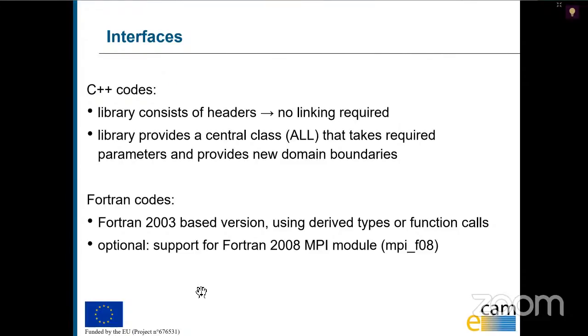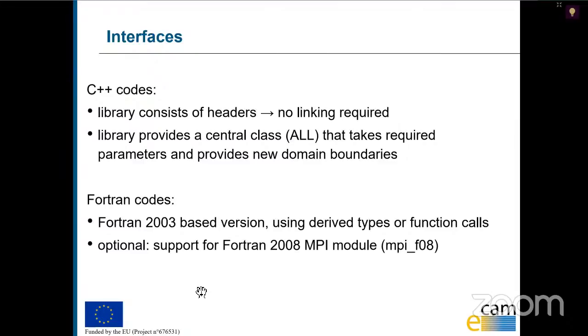Concerning interfaces to user codes for C++ codes, the library consists of headers, so that no linking of library objects is required. And within the code, the library provides a central class that would take the required parameters that I mentioned before, and would also provide by function calls the new suggested domain boundaries.